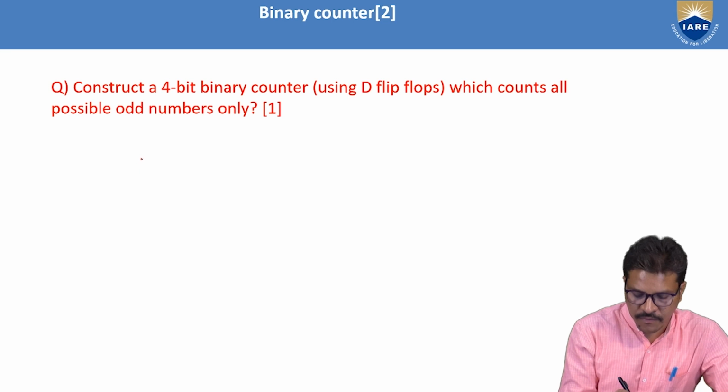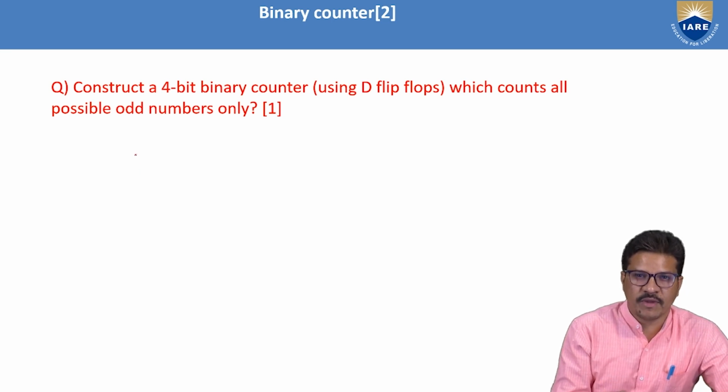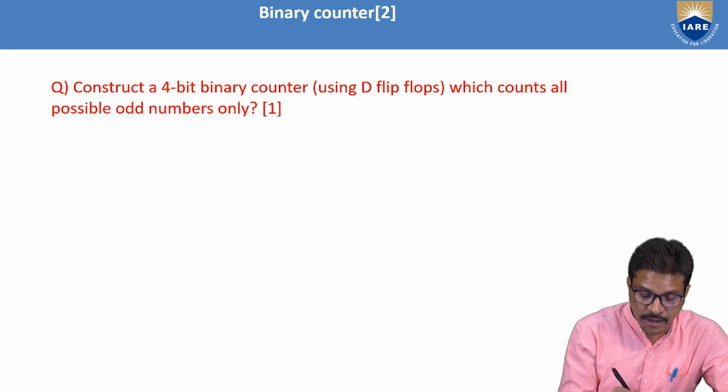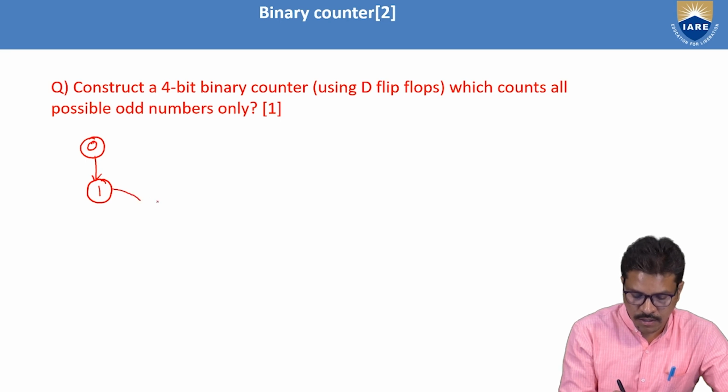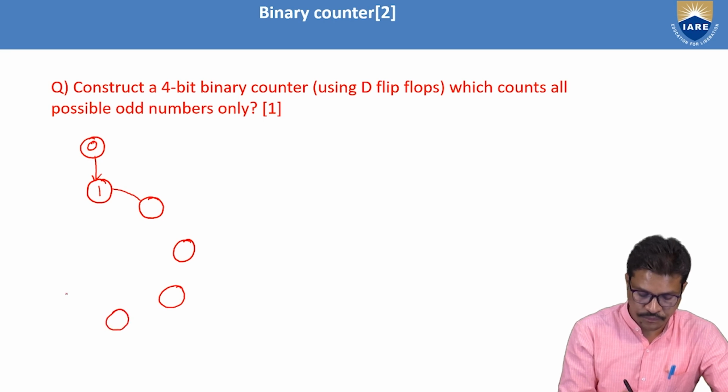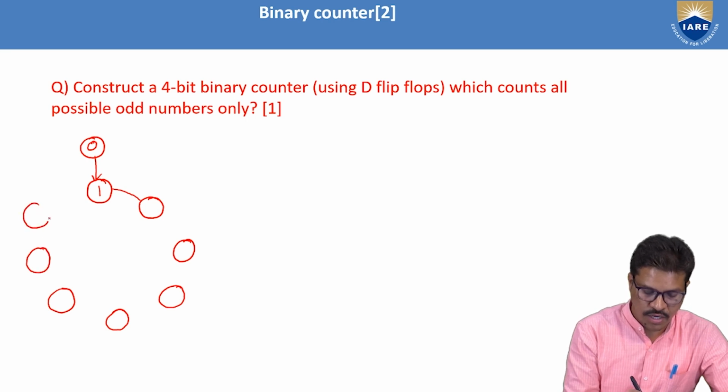If you see this state diagram, whatever the specification has given is represented by a state diagram. Initially the circuit is in state 0, then it will move to state 1, 3, 5, 7, 9, 11, 13, 15.